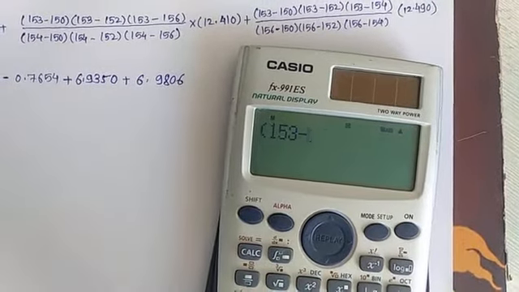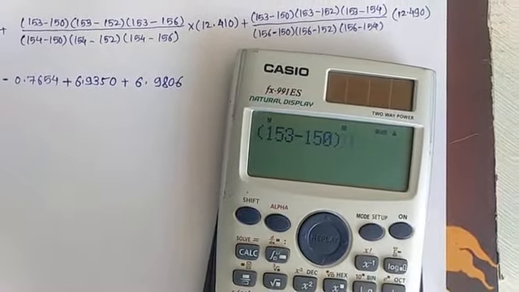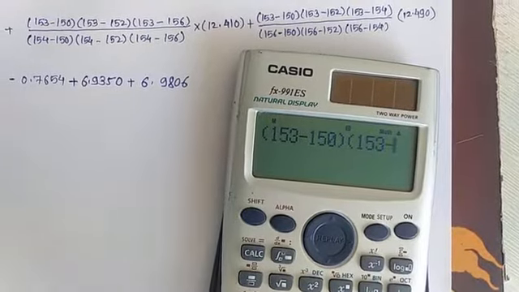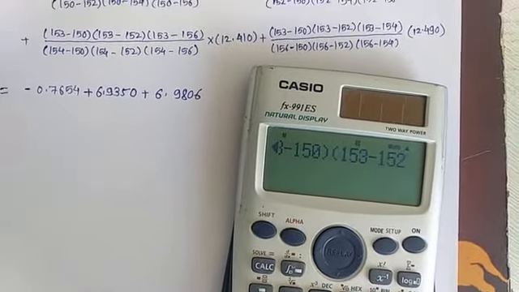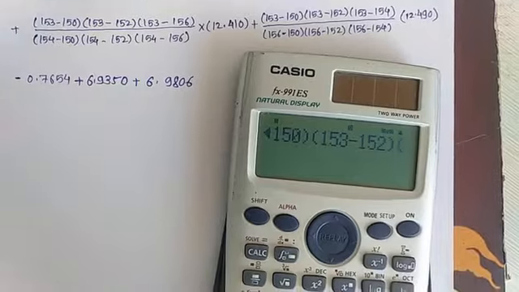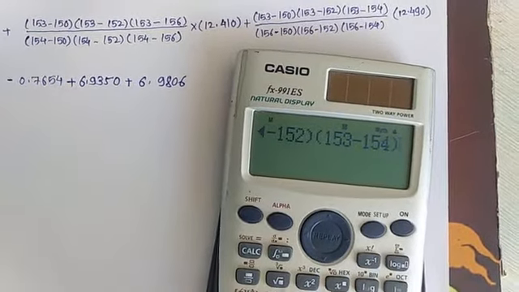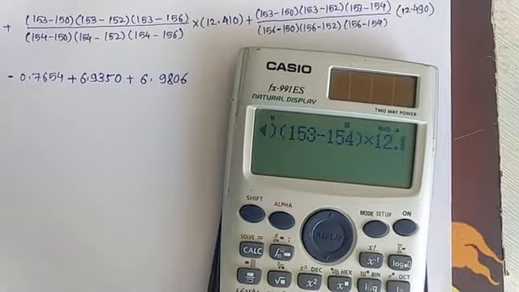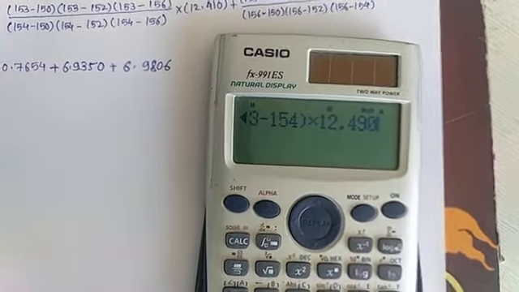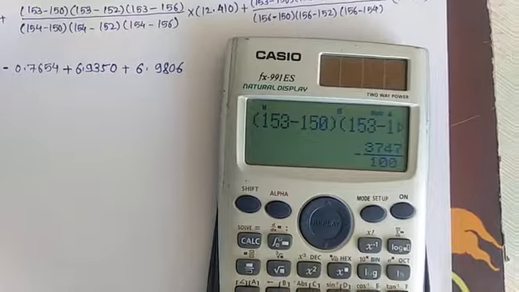The last term is the same: 153 minus 150 first bracket, second bracket 153 minus 152, multiplied by 153 minus 154, multiplied by 12.490, which is our numerator.